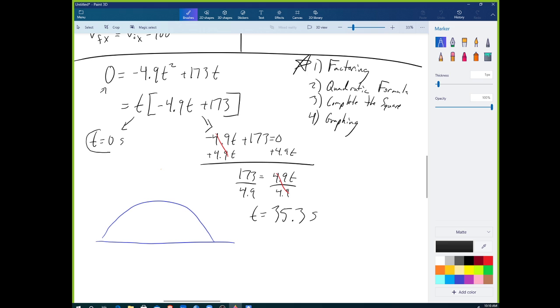When your time is 0 seconds, that's the time that your height is right here, when your y is 0 meters, or your height, and notice I'm not putting an I or an F on that, just your height. And then the other one is your other time.